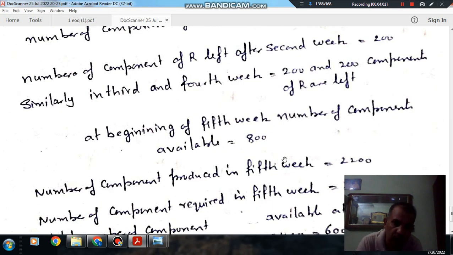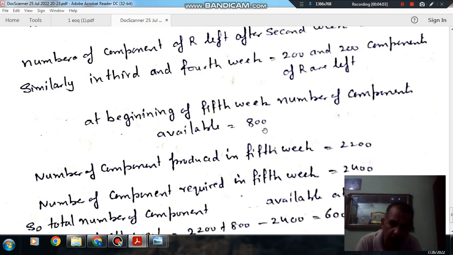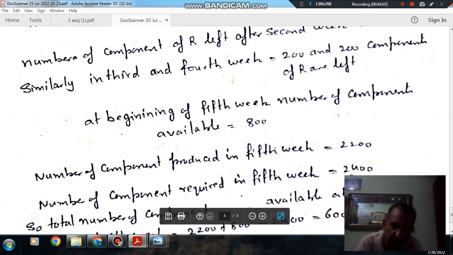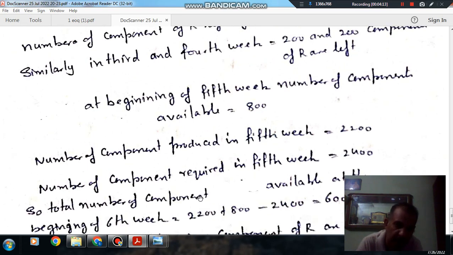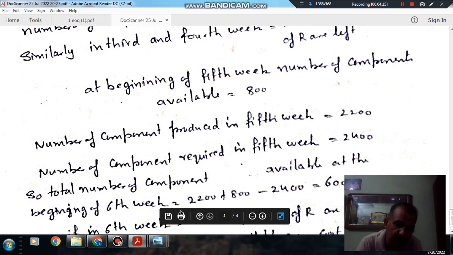So here 200 more components are required, and we will take them from the stock. The number of components available at the beginning of the sixth week is 2200 plus 800 minus 2400, because this is the requirement and this is the availability. So at the beginning of the sixth week it is 600.